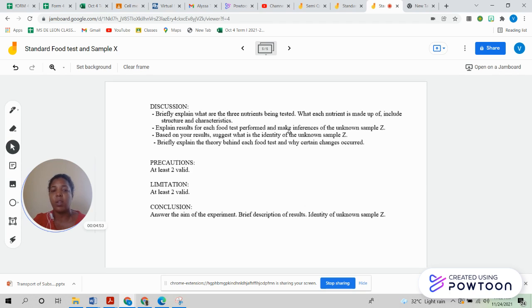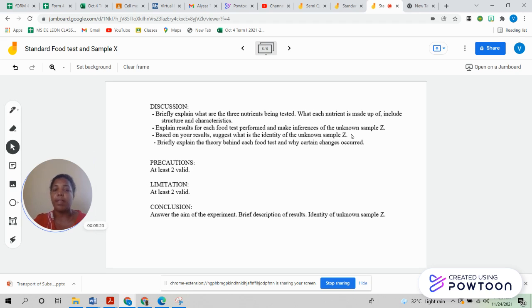So ideally, you could separate them into the test that was performed, and you're going to tell me what chemical reaction took place between the nutrient and the test in order for it to be tested positive. And then you're going to tell me if it was present or absent in sample Z. Right? So based on your results, you can suggest the identity of unknown sample Z.